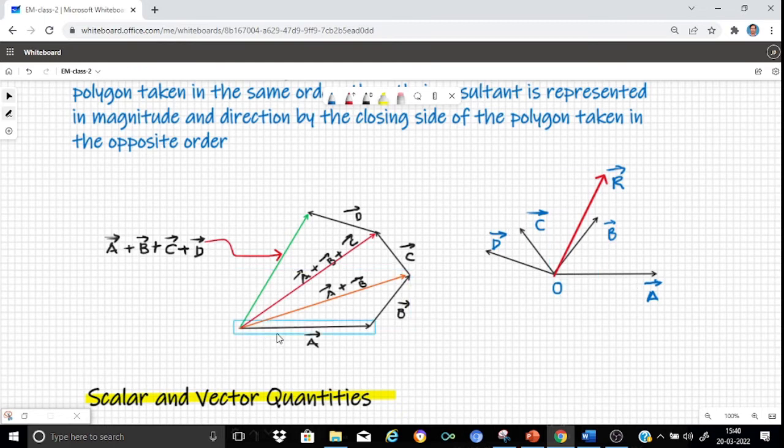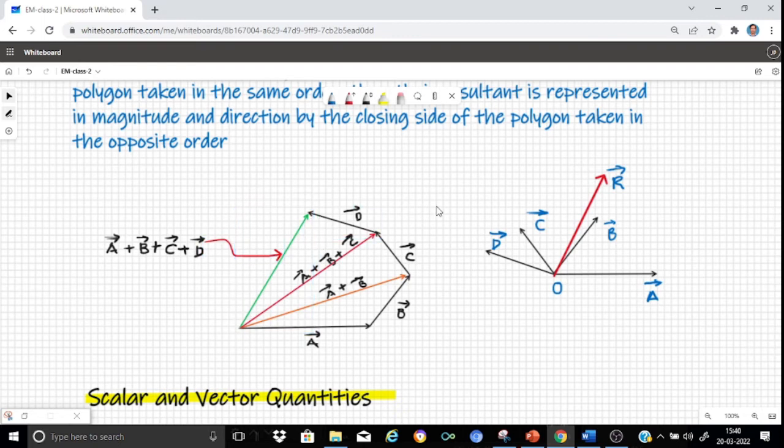For example, here as you can see, we have constructed the four sides such that the length of each side represents the magnitude of the corresponding force, and remember that the orientation or the angle of inclination of these sides will be exactly the same as the vectors represented by them. Now we have the four sides of the polygon represented by the four vectors A, B, C and D. As per this law, the resultant of these four forces can be represented by the fifth side, that means this side.